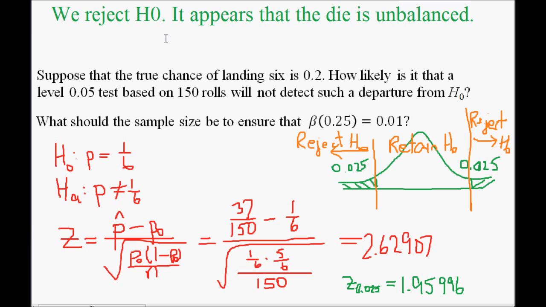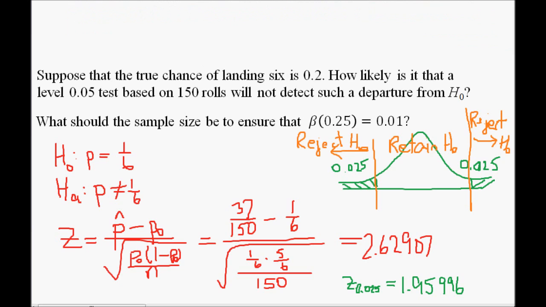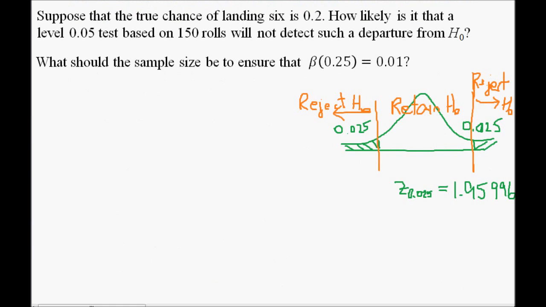Let's now turn to the consideration of power. And to do that, let me clear off our conclusion here and make a little bit more space. So to look at the first power question, we suppose that the true chance of landing 6 is 0.2. How likely is it that a level 0.05 test based on 150 rolls will not detect such a departure from the null hypothesis?